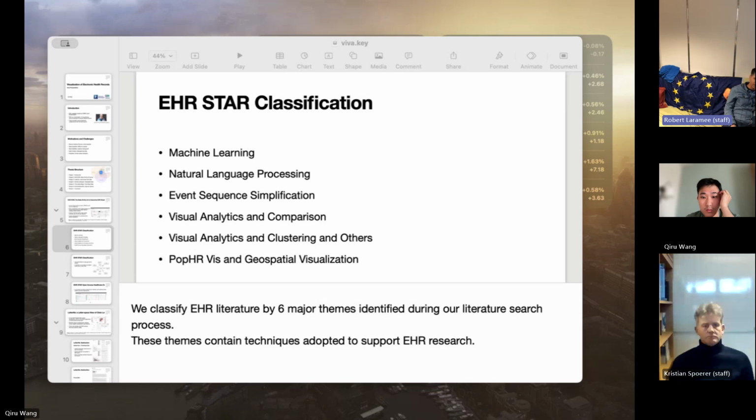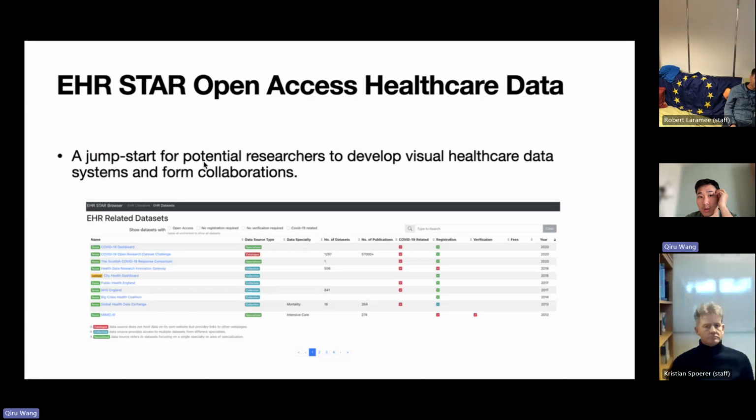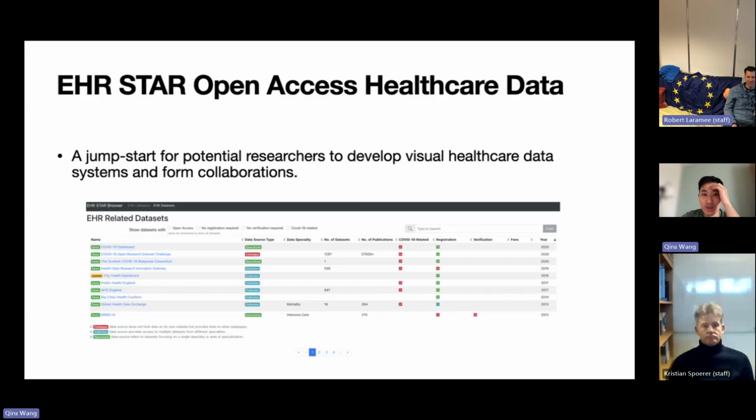I noticed you have a nice literature browser, Wang. How long is that going to remain online for? Well, it depends on when Microsoft goes bankrupt. It's being hosted on GitHub for free, so if GitHub is shut down, then it's gone.